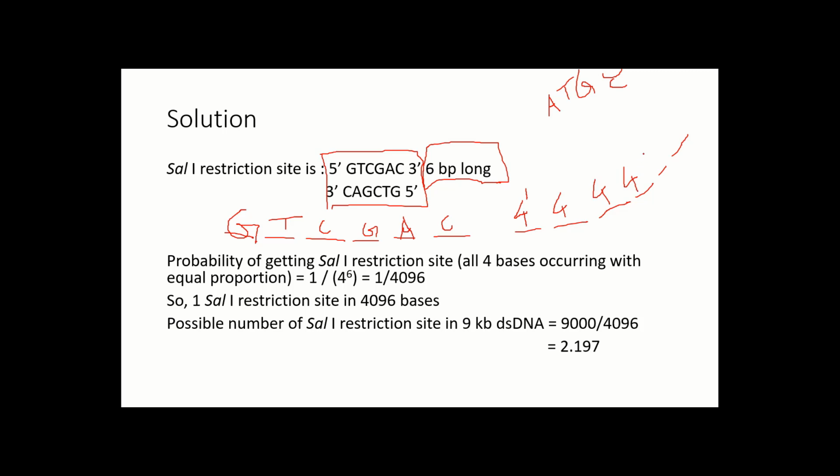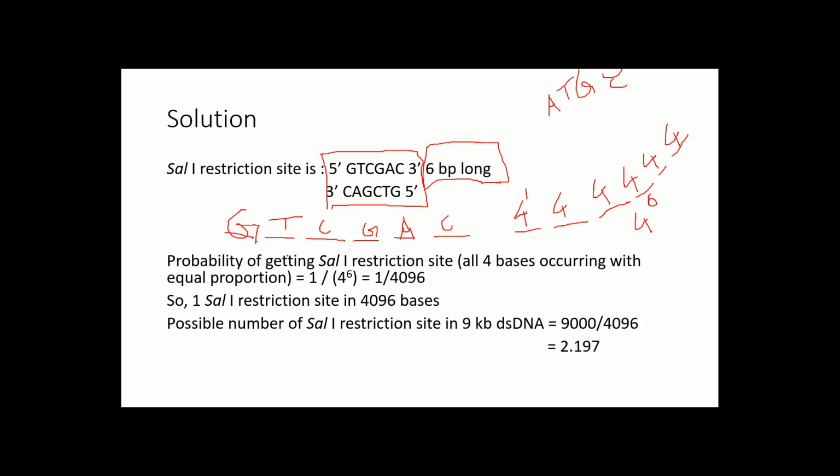Similarly for the 6-size space we can fill in 4 to the power 6 ways, because each of the six places can be filled in 4 ways, A or T or G or C. So the total number of possible ways to fill is 4 to the power 6.